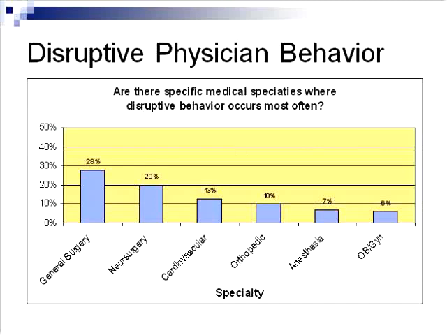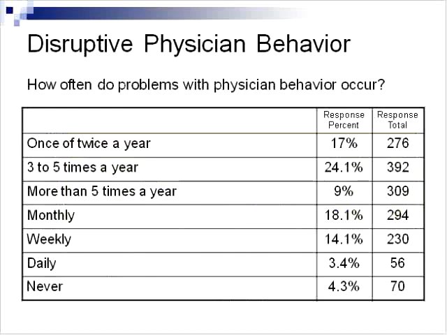Probably as respiratory therapists we have a very common goal and are on the same thought process, but certainly we should be with some of the other physicians too, and we don't see that same collegiality with these other professions. So as you see there, general surgeons are the number one specialty reported for disruptive behavior, followed by neurosurgeons, cardiovascular physicians, orthopedic surgeons, anesthesiologists, and OBGYN.